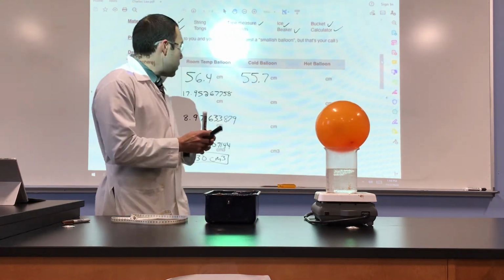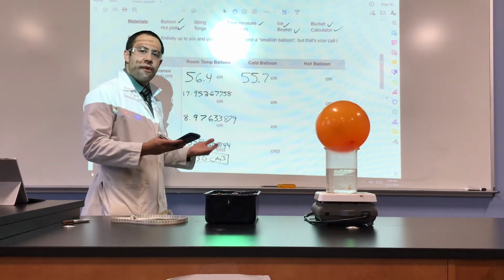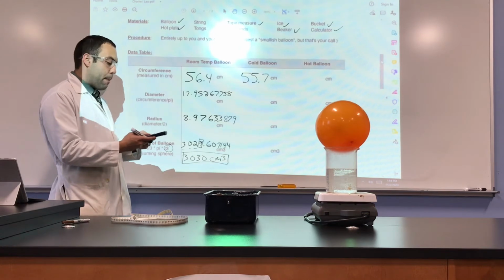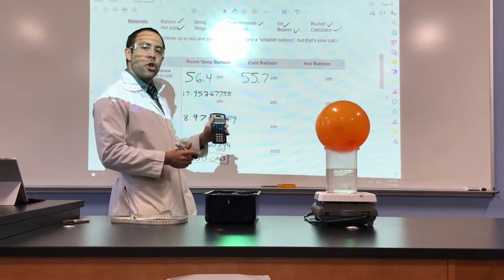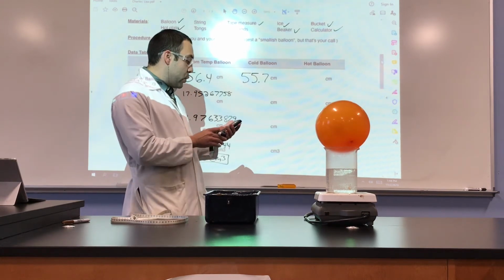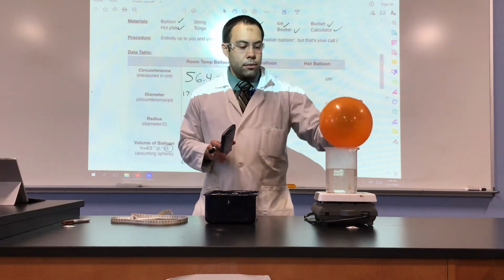All right, so do the same thing again. We have 55.7. The trick here is never clear out your calculator. 55.7 divided by pi, 3.14. If you have a pi button on your calculator, please hit the pi button. So if we do that, we get, let's rotate.